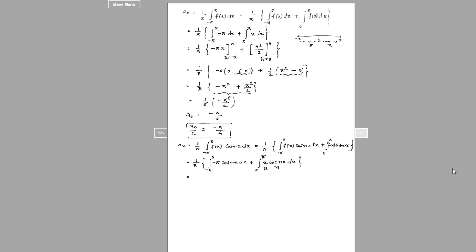So in the first term of integration, we have minus pi as constant.